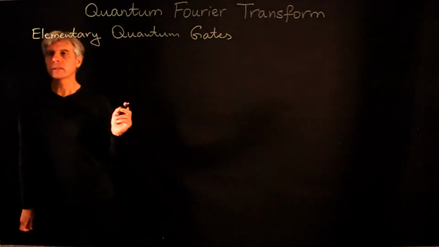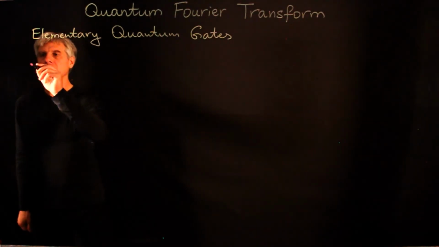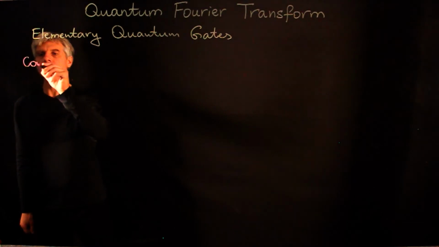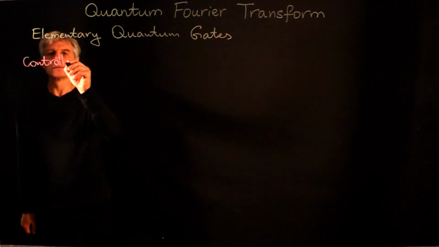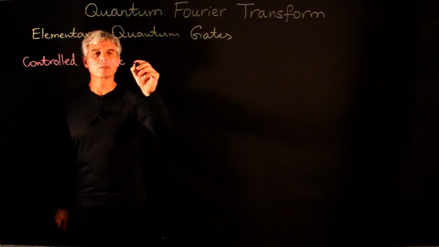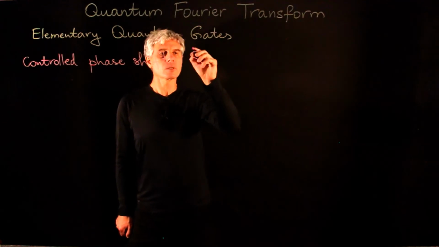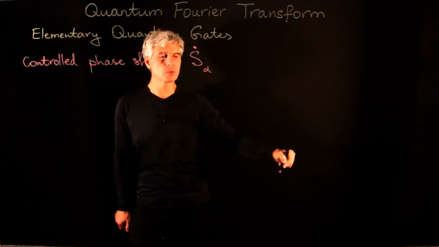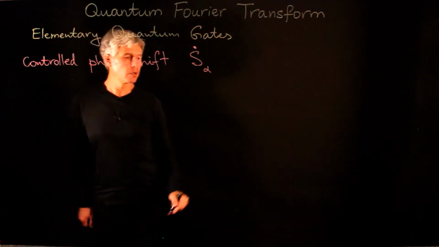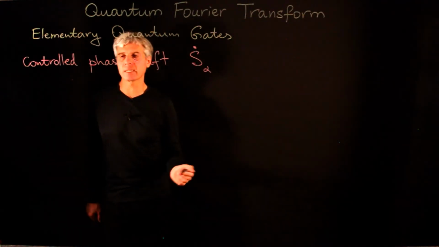And one 2-qubit gate in particular that we will need will be this controlled phase shift. So let's call it S dot alpha, right? So it will be some 2-qubit analog of the transformation S alpha that we considered.